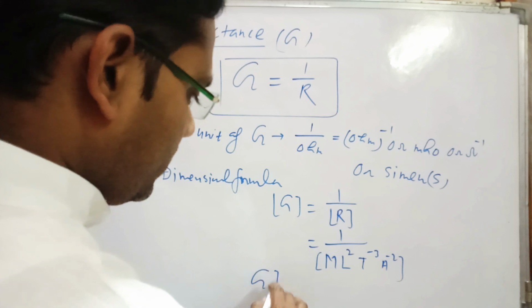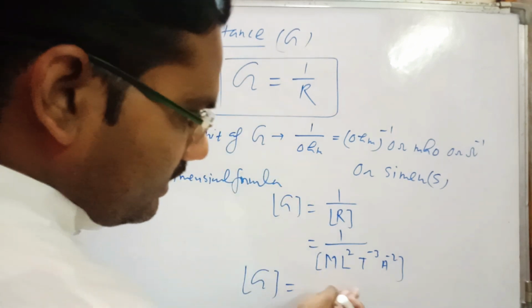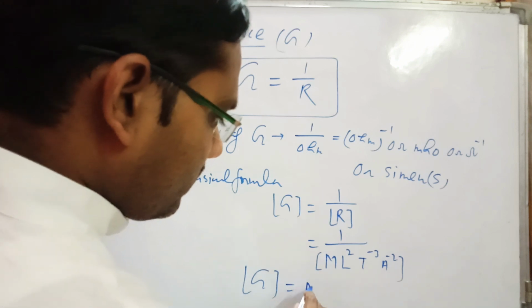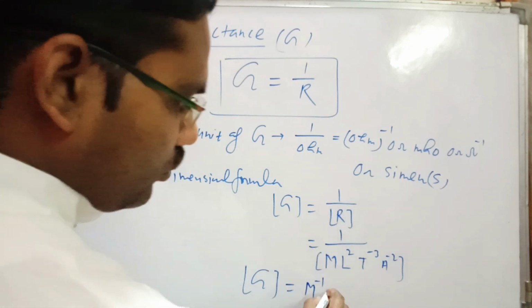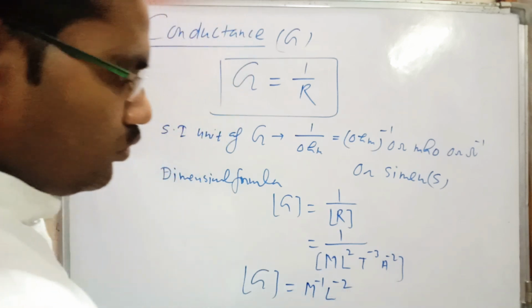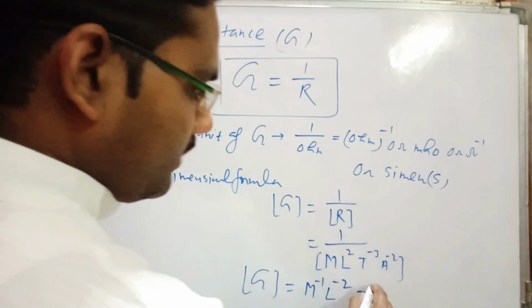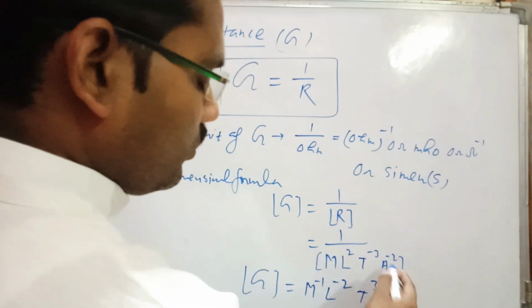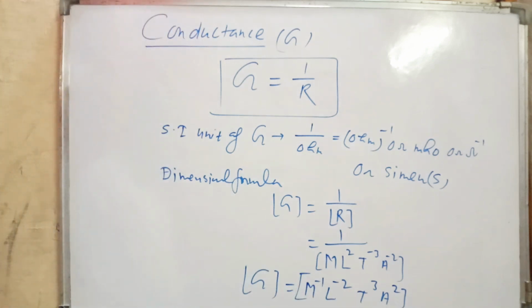That means the dimension formula of conductance is the reciprocal: M power minus 1, L goes in the numerator so L power minus 2, and T power minus 3 goes in the numerator so T plus 3, A goes in the numerator that means A square. This is the dimension formula of conductance of any conductor.